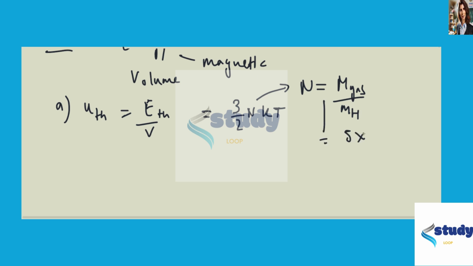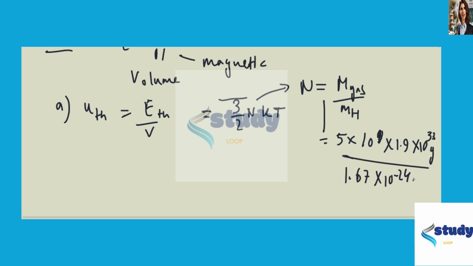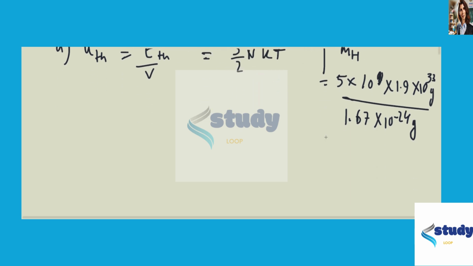And so this would be 5 times 10 to the 9 solar masses, which means, let's rewrite that in terms of grams. 5 times 10 to the 9 times 1.9 times 10 to the 33 grams over mass of a hydrogen atom, that's 1.67 times 10 to the minus 24 grams, giving you something that's very close to 6 times 10 to the 66 atoms. That's your N over there.